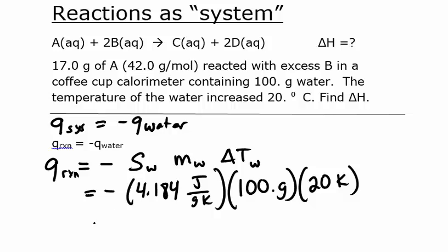All right, so we can do that calculation, and it turns out it's the same number as I did last time because I'm using the same change in temperature and the same amount of water. So let's say the reaction did the same thing as the rock, and we get 8,400 joules.